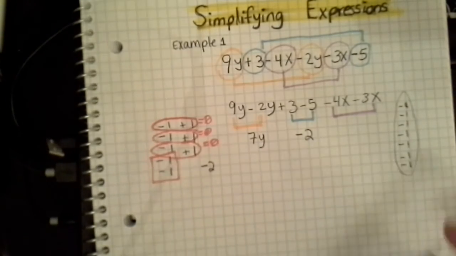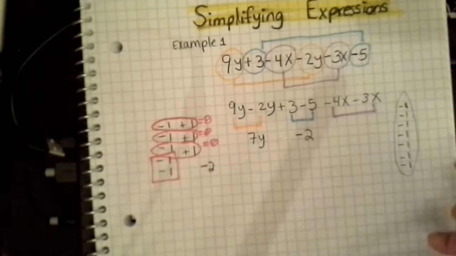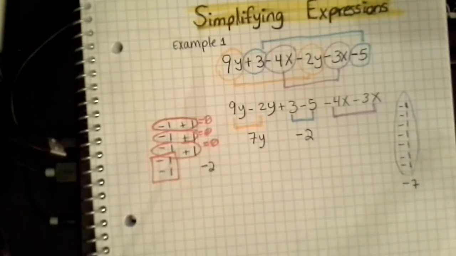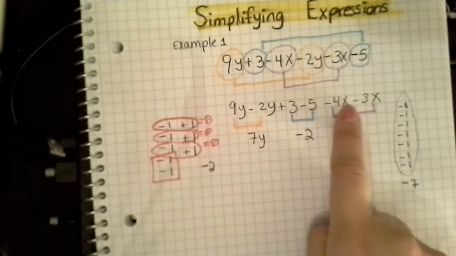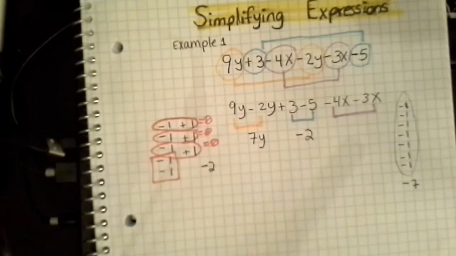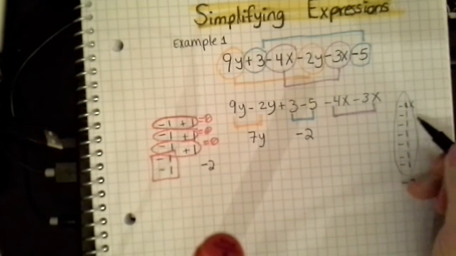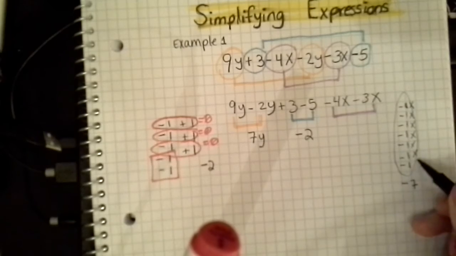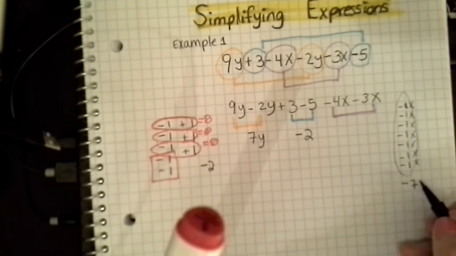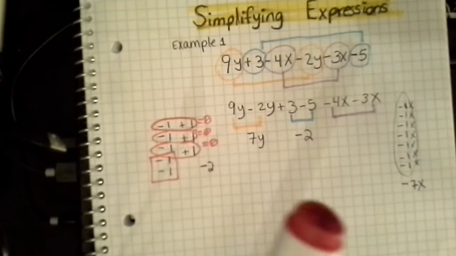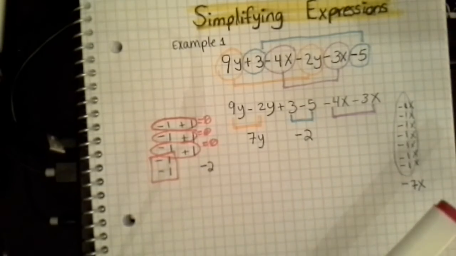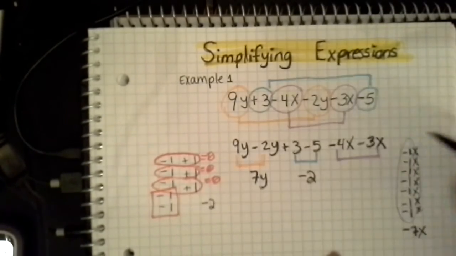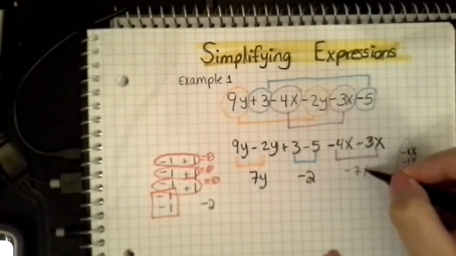So I'm left with just 7, so this is really a negative 7. Now, that was just combining the coefficients. Don't forget that you have negative 7 x's because they were all a negative 1x. So my response is a negative 7x.